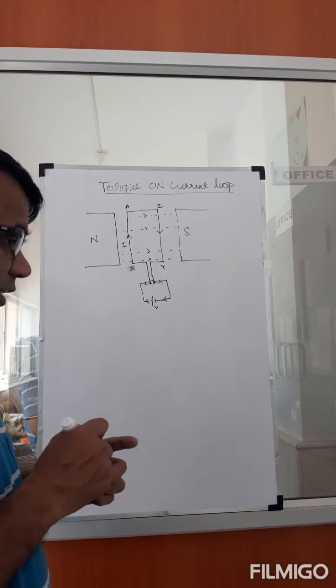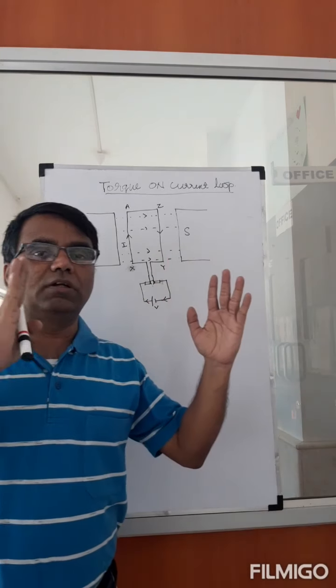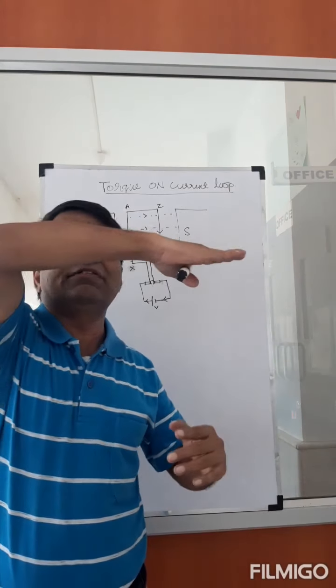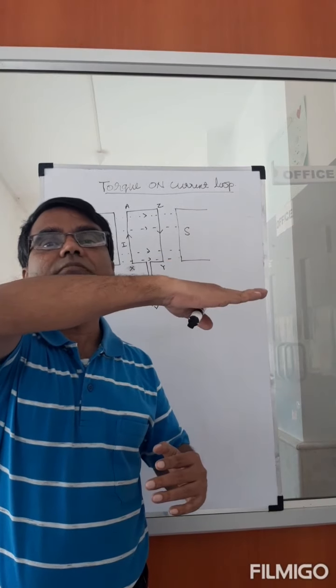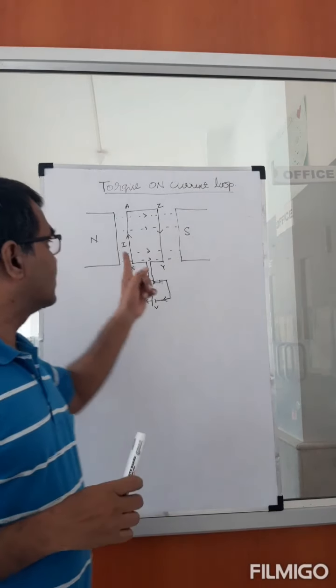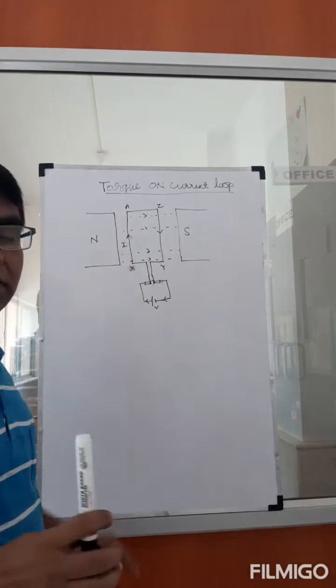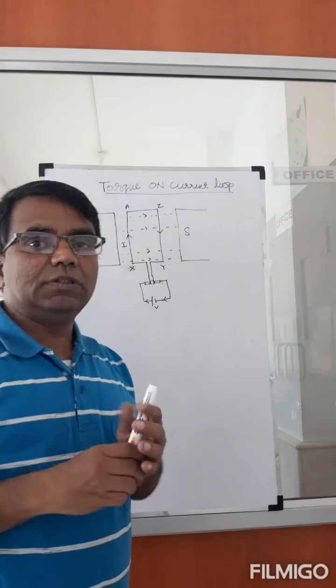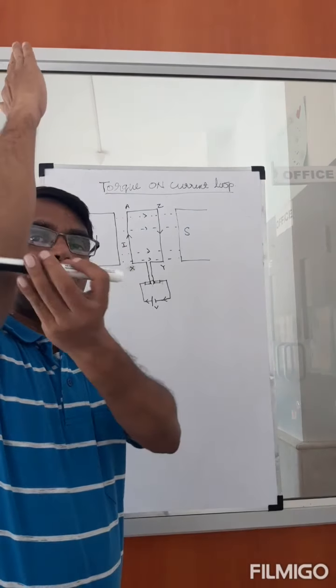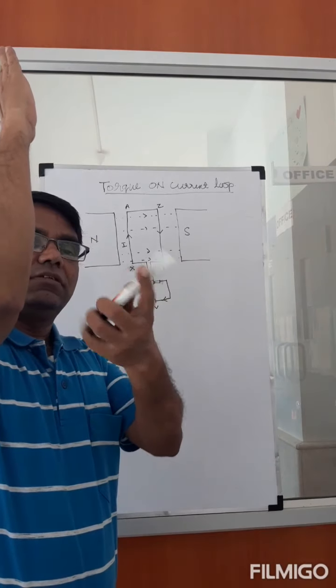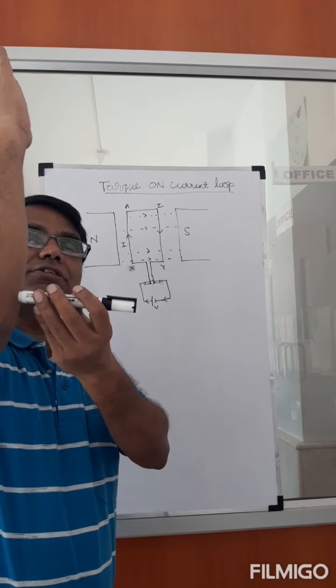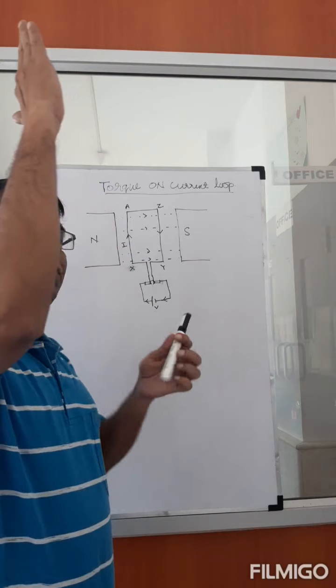If I keep the magnet like this, the north pole like that and the south pole like this, the magnetic field is in this direction. Now the current in this wire is going up. So I is in this direction, B is in this direction. This will experience a force.